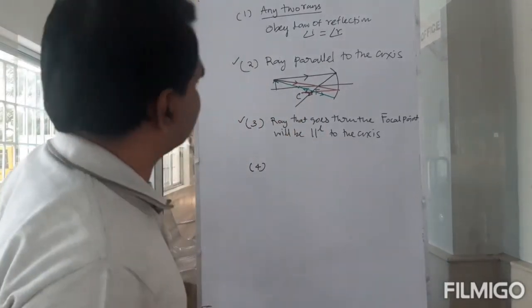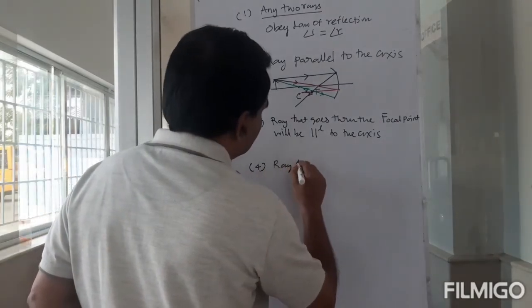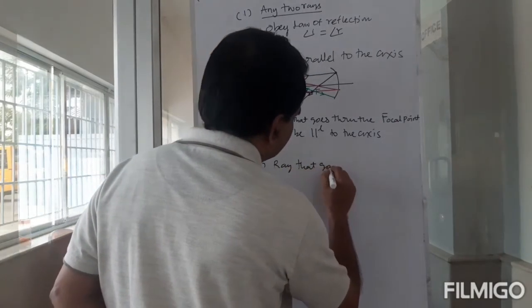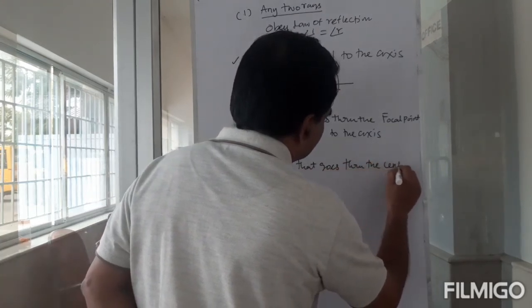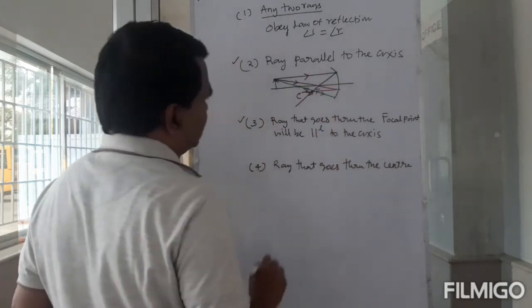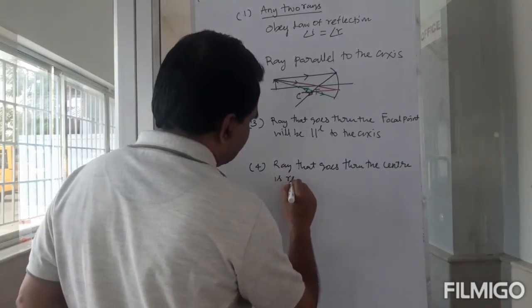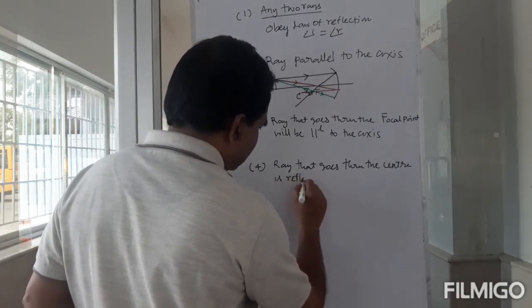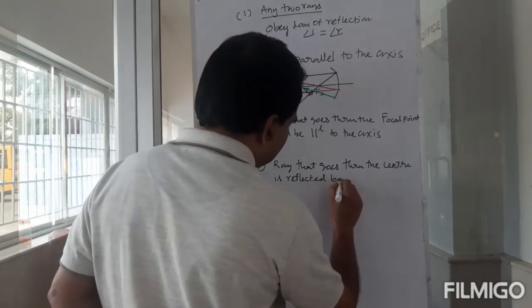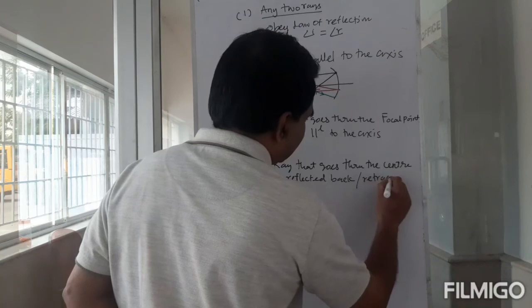So the third point is: a ray that goes through the center is reflected back, or retraces its path.